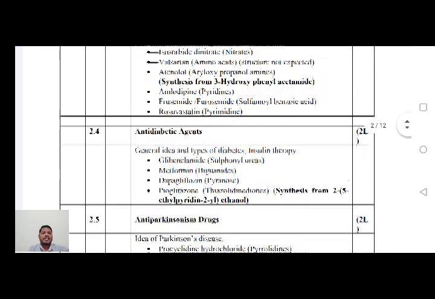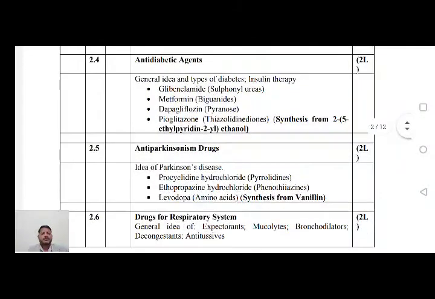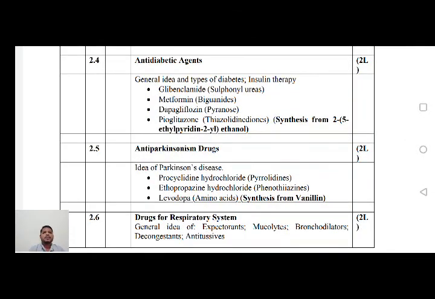Next, anti-diabetic agents: a general idea about diabetes, what diabetes is, types of diabetes, then a brief idea about insulin therapy, which drugs are used as anti-diabetic agents, their synthesis and side effects.